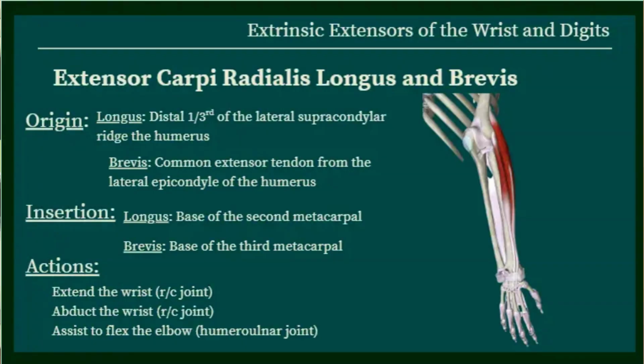Okay, so longus starts at the distal 1/3 of the lateral supracondylar ridge of the humerus. So humerus here, lateral supracondylar ridge, which is, so we have the epicondyle, and we're going to go up the epicondyle, and we can feel where it would be attaching.